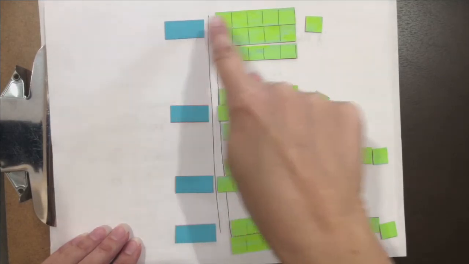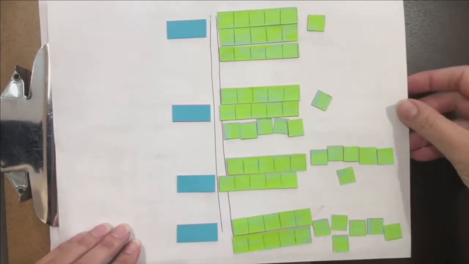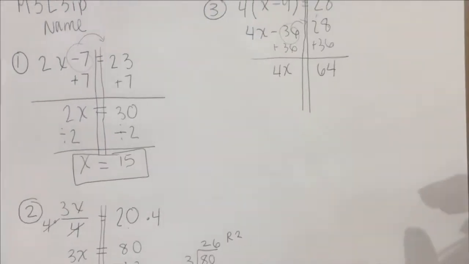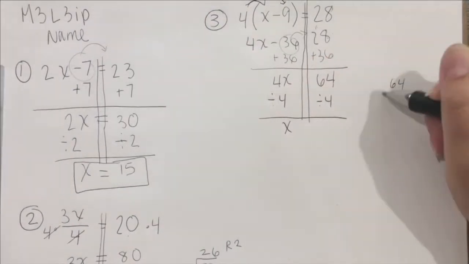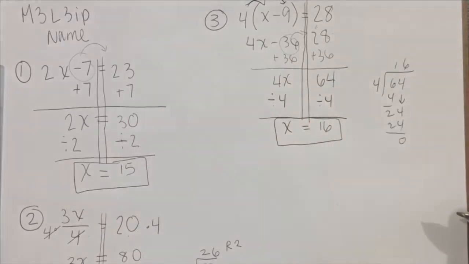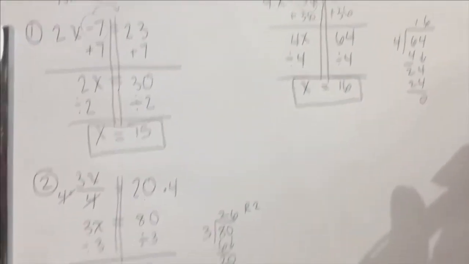So 1x is equal to 16. Let's do that on the paper. It checked out. Awesome. Let's do number 4.